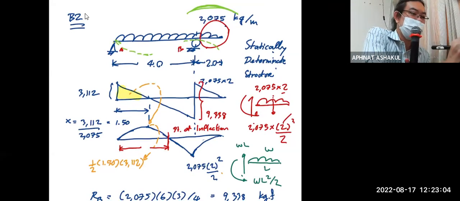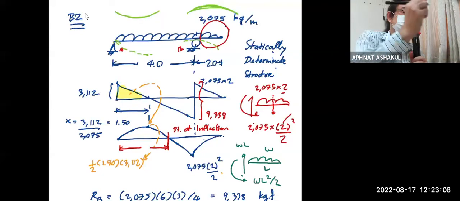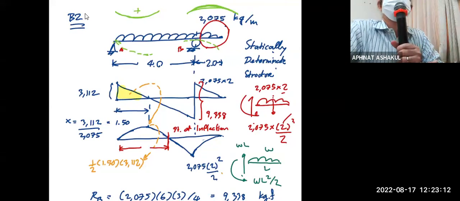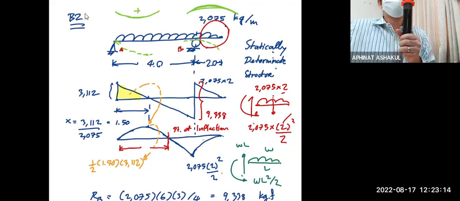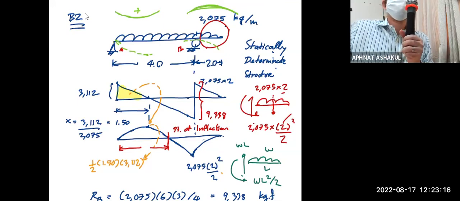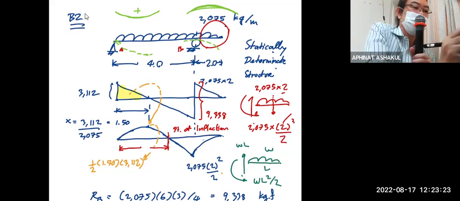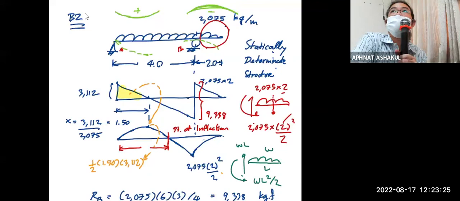So it is this. So do you realize that this is what we call the positive curvature in your bending moment diagram, correct? So the sign is positive, and we call it positive curvature. This is what we call a negative curvature. It's a sign convention for your negative bending moment diagram.